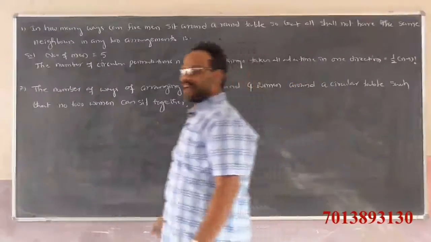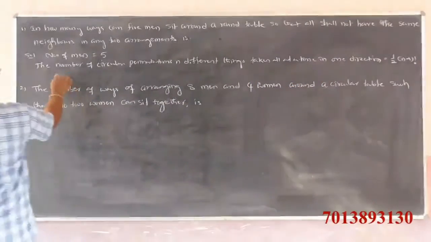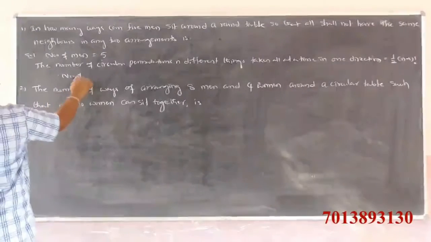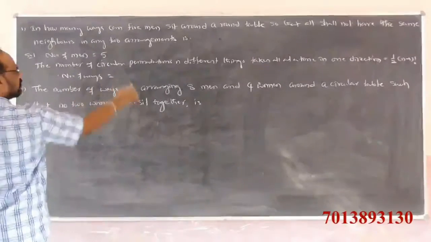Half of n minus 1 factorial. That is the number of ways.